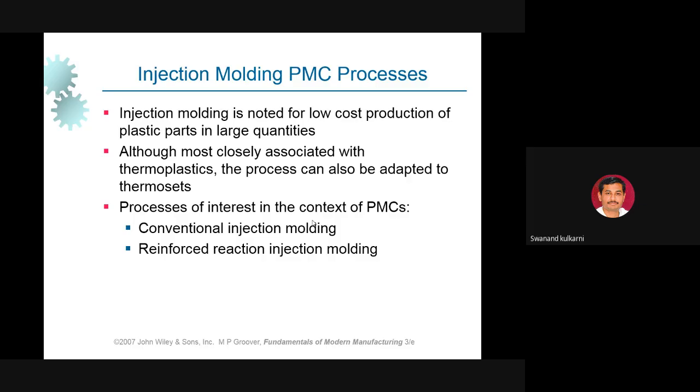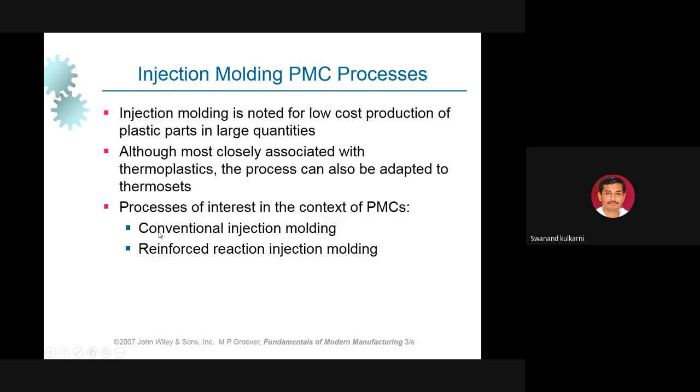Although most closely associated with thermoplastics, thermosets and thermoplasts, these two things we have already discussed: those which can be reused are thermoplasts, and those which can't be reused are thermosets. Is it okay? Injection molding is most closely associated with thermoplastics, and the process can also be adapted for thermosets also. Is it okay? So normally this injection molding process is of two types.